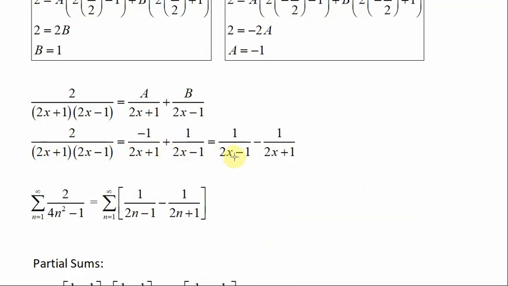And then we can rewrite this as 1 over 2x minus 1, minus 1 over 2x plus 1. So the original series can be rewritten as the infinite series with 1 over 2n minus 1 minus 1 over 2n plus 1.